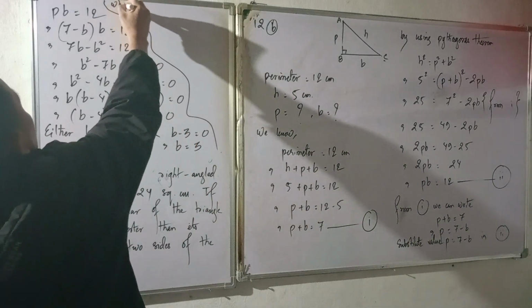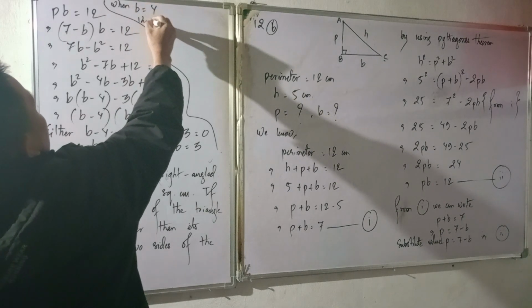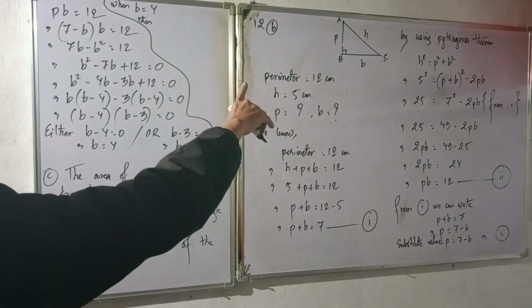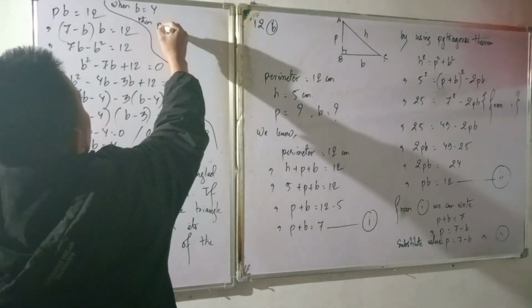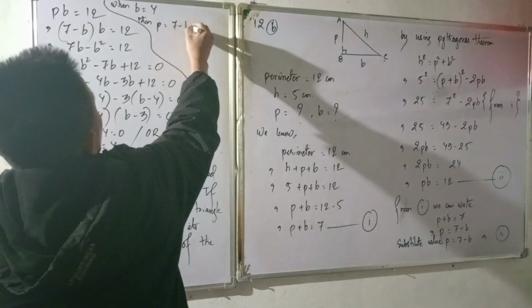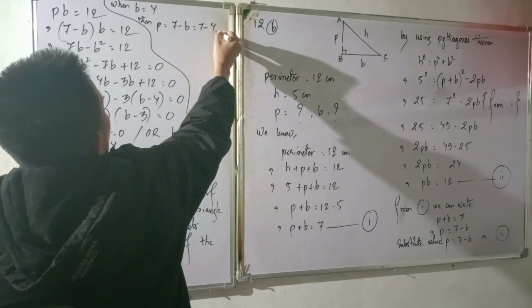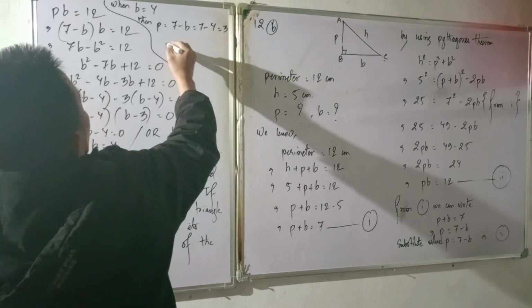So when B is equal to 4, then P will be 7 minus B, that is 7 minus 4, which equals 3.